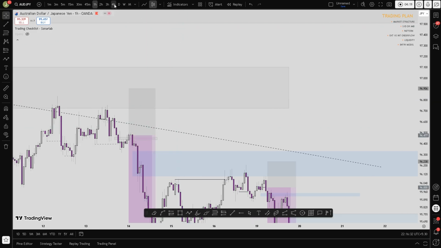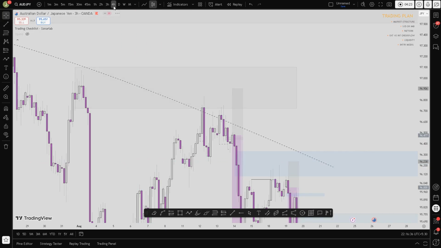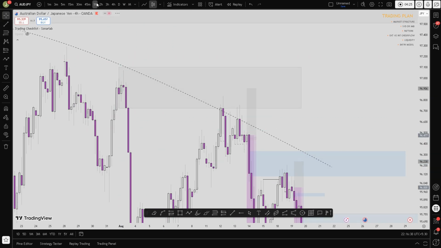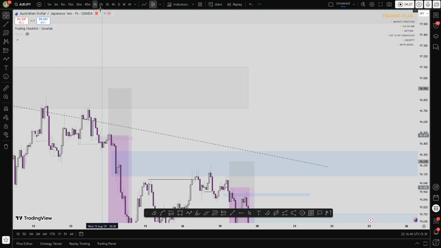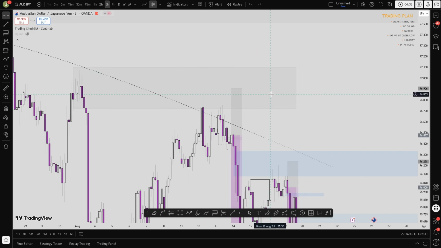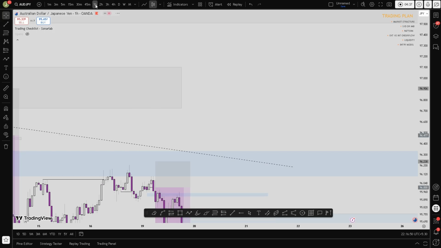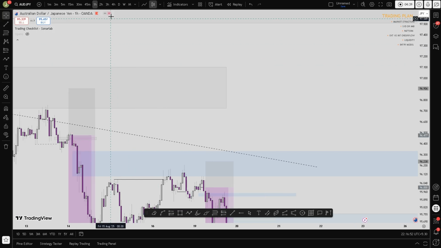Then we had some kind of an imbalance, because I remember entering on an imbalance. I don't remember on which time frame exactly it was, but give me a second. Was it on the 2 hour? Nope. 1 hour?